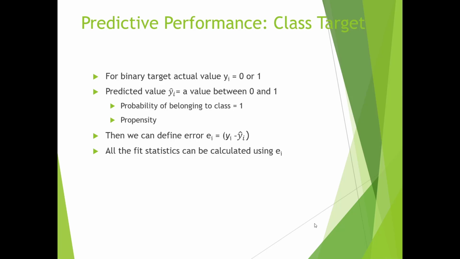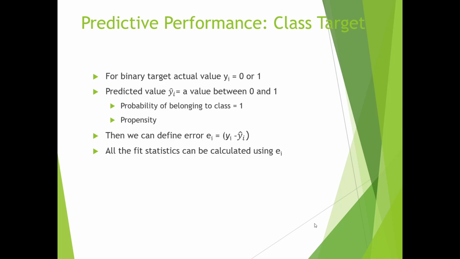If it is not 0 or 1, you can always convert it. If it is yes and no, you code one of them as 0 and the other as 1. So there are only two possible values, and if they are not already numerical, you can code them as 0 and 1.